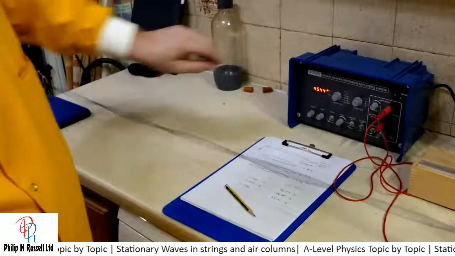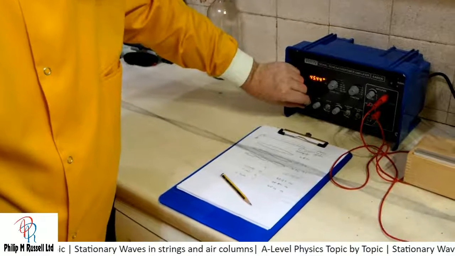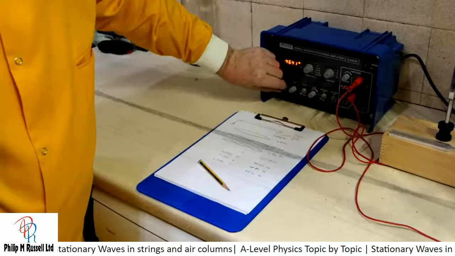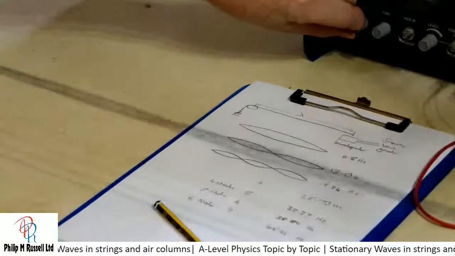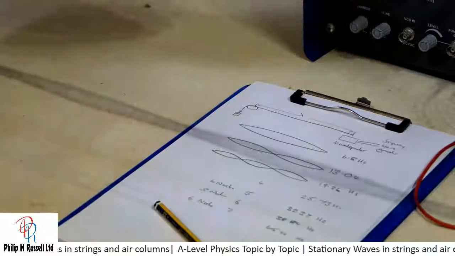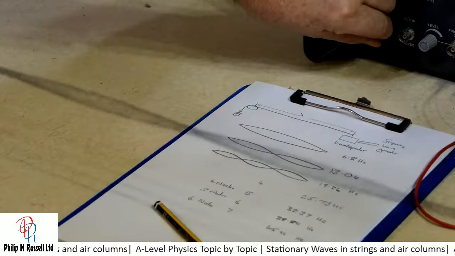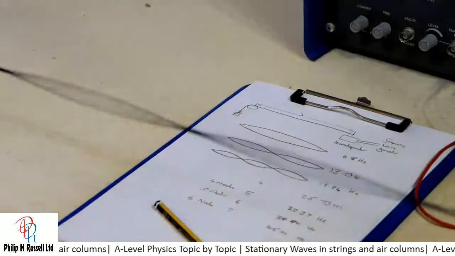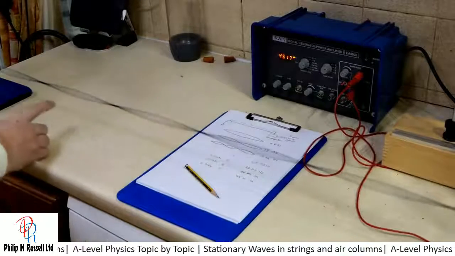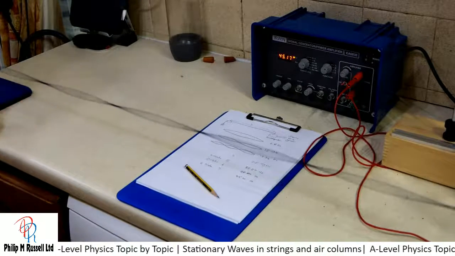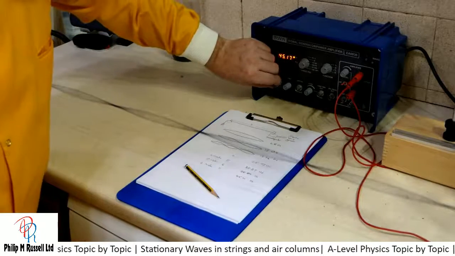Let's see if we can go up another one and probably just about see one more. Got nodes 1, 2, 3, 4, 5, 6 here. That's back at the 45, so let's go up a fraction.